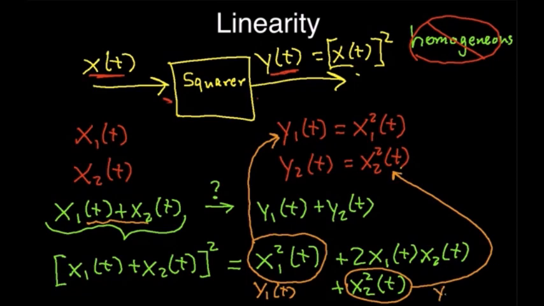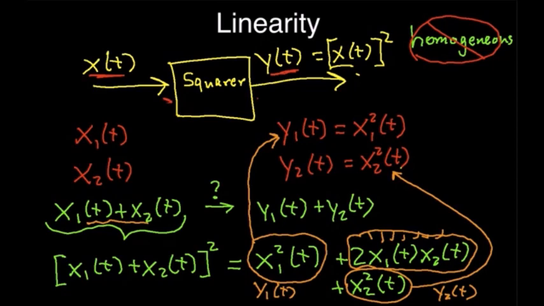So this is y2 of t. But you'll notice, and this is the part we're actually trying to figure out, this term, 2 times the product of x1 and x2, does not show up either as y1 or y2.